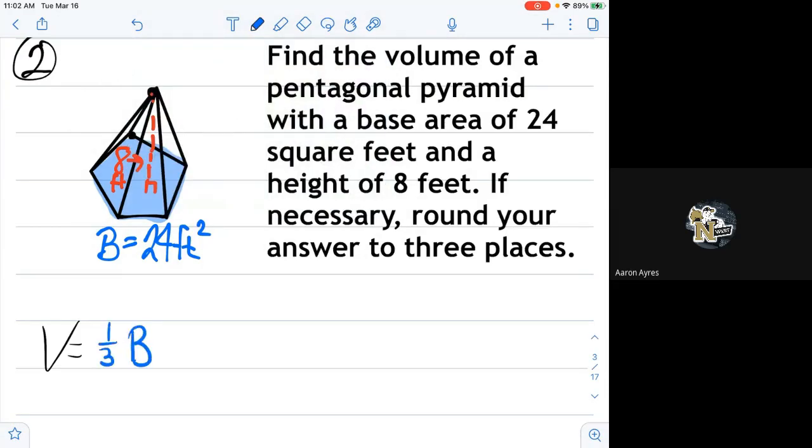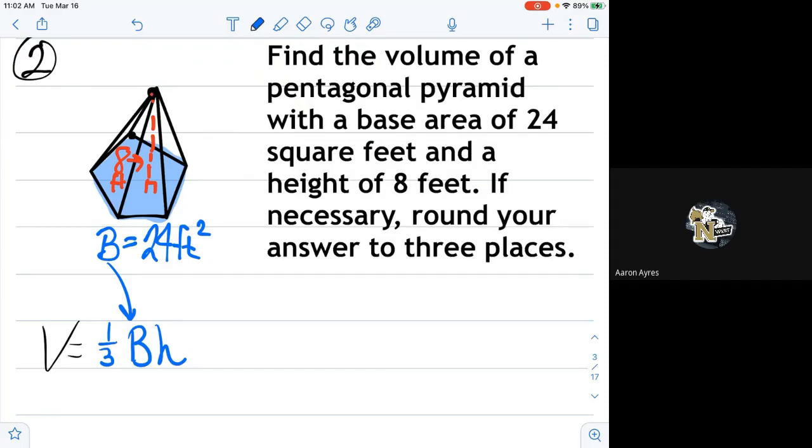Not this time. There's my formula, right? Doesn't this number just go in for B because that's what B equals? That's the difference, right? Okay. The difference is that sometimes you're going to have to find the area of the base before you can find the volume. Other times, the area of the base will be given to you free of charge.